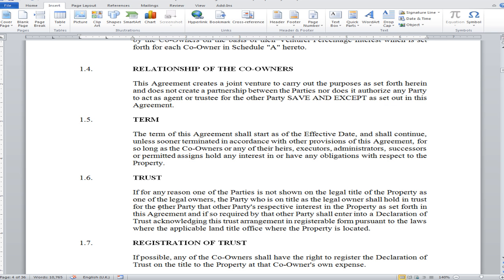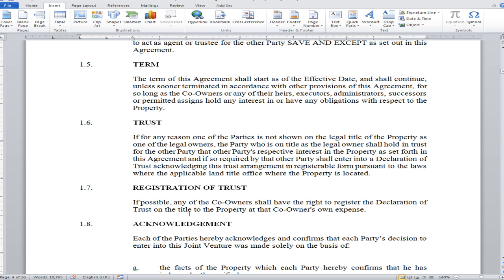I have to say that you want to not make the mistakes I made in those early days, and that's how come I'm sharing this with you here. The idea of this joint venture agreement, and you can see right here, is that it can be registered in trust. So each of the provinces has a different registration process.